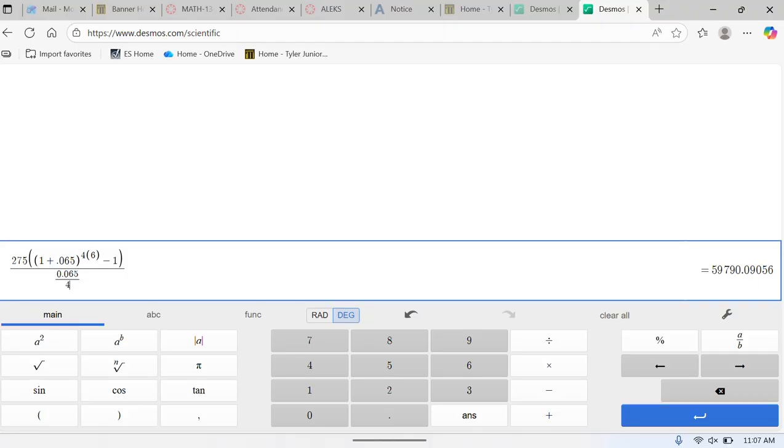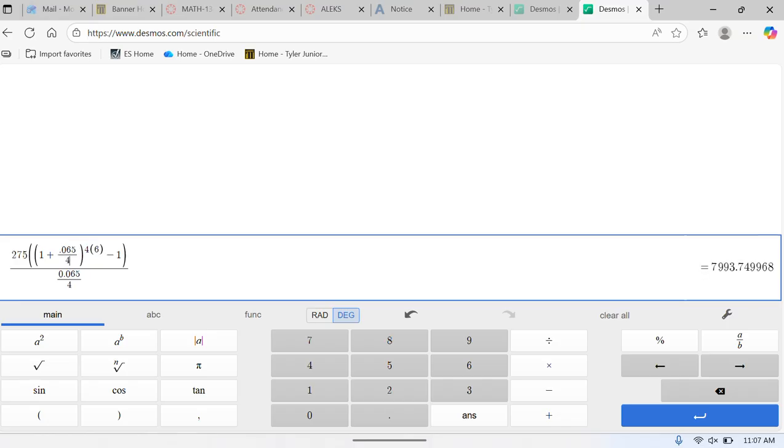Okay, so I think I'm good to go. And it tells me at the end, that is not right. Something went bad. What did I type wrong, guys? Oh, I forgot to divide this one by 4. The 0.065 needs to be divided by 4. Look at what we wrote. I was like, we should not have that much money. Yeah, we wish. We would totally invest there if we did.